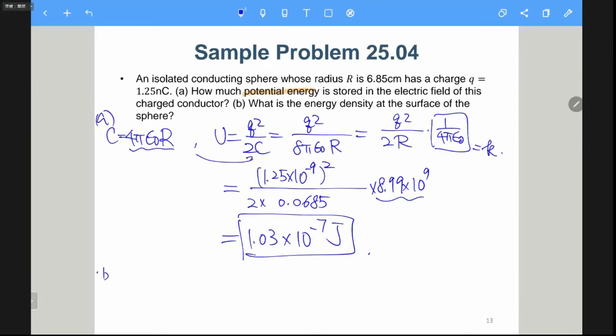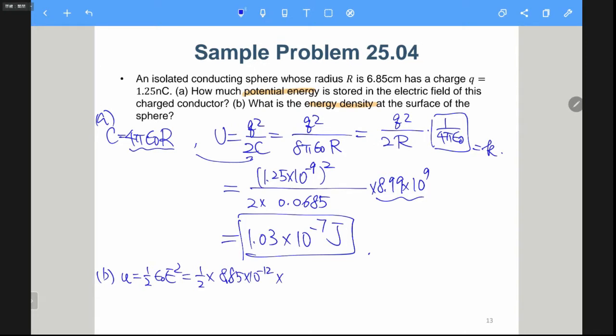For part B, what is the energy density at the surface of the sphere? We will make use of u equals 1/2 epsilon naught E squared, which will be 1/2 times 8.85 times 10 to the minus 12, times E squared.